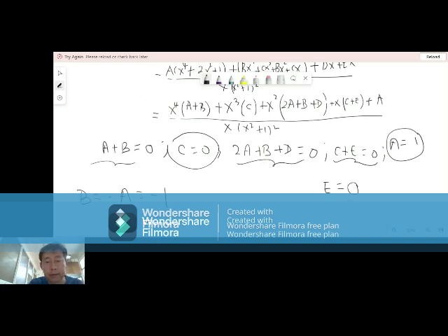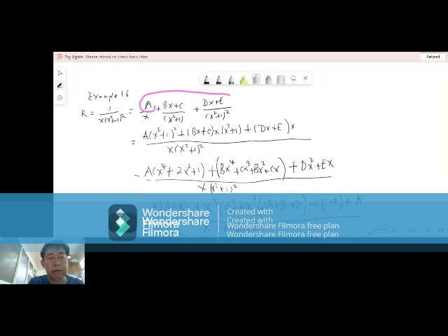And from here, D is simply obtained to be minus 1. So the conclusion is the constant A is 1, the constant B is minus 1, the constant C is 0, the constant D is minus 1, and the constant E is 0. So up to this stage, all the constants A, B, C, D, and E in the 3 partial fractions of R have been obtained.